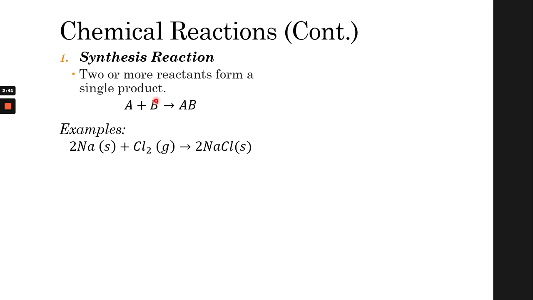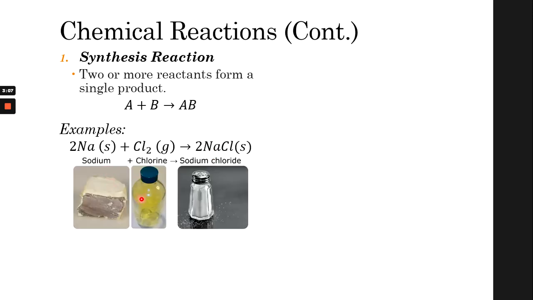One of the easiest examples that you probably know by now is 2 atoms of sodium plus chlorine, and you yield 2 molecules of NaCl. NaCl is your common table salt. It's actually a combination of a metal, sodium, and a gas, chlorine.